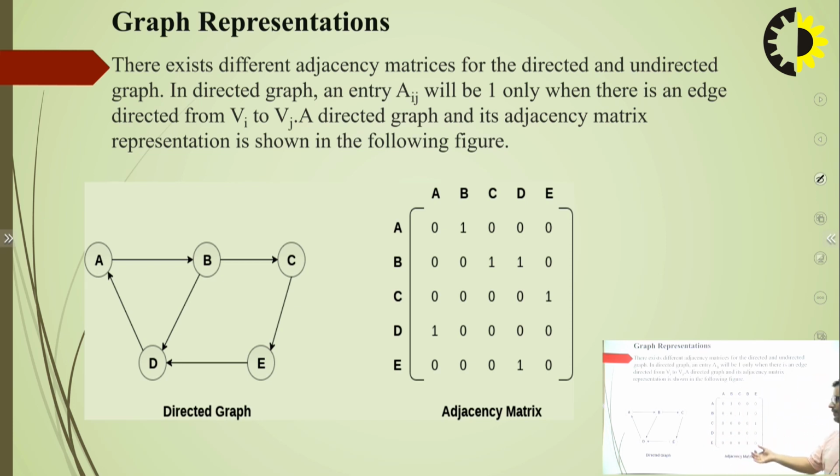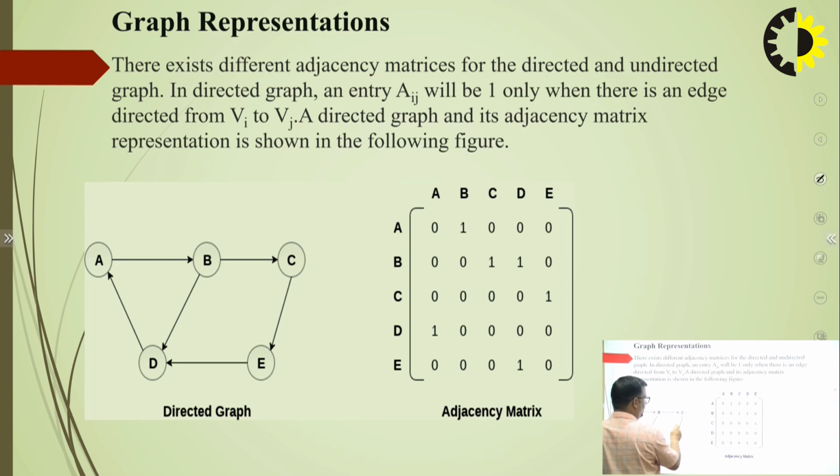Then in a similar way we will consider a directed graph, but for the directed graph we also take the direction into account. If a direction is given from one node to another node, then it is considered 1. Otherwise it is considered 0. The edges are A to B, B to C, C to E, E to D, D to A and B to A. Again we maintain the adjacency matrix for the directed graph. A, B, C, D, E on both axes. A to B 1, otherwise 0.